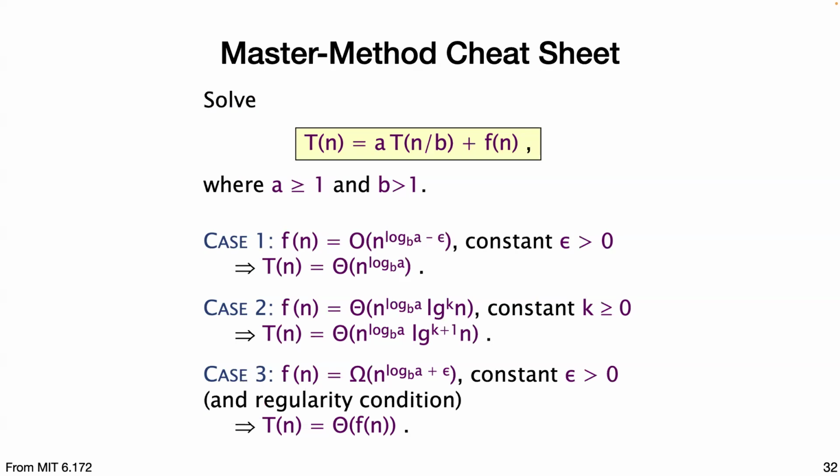And k can be 0. If your f(n) is equal to the number of leaves, then you would get log to the k plus 1, which is an extra log factor because you have log levels and each one is doing f(n) work.